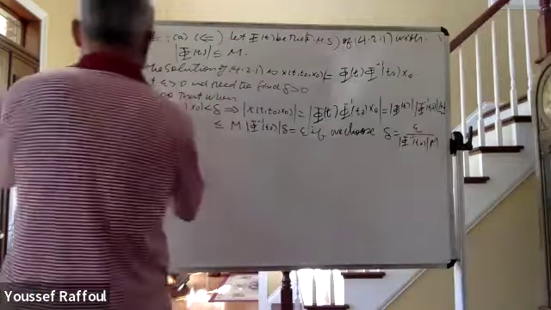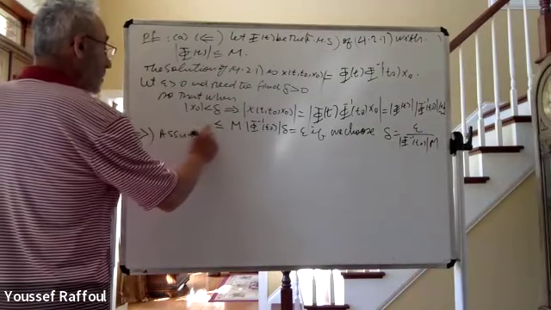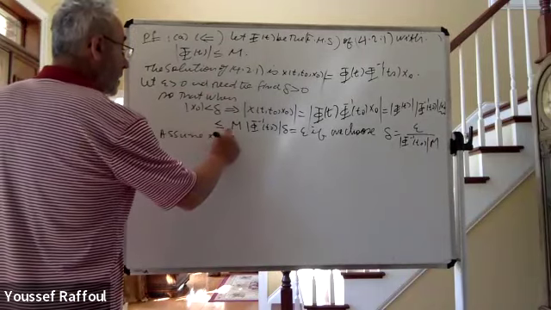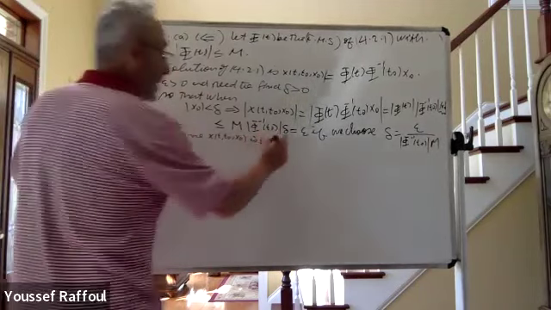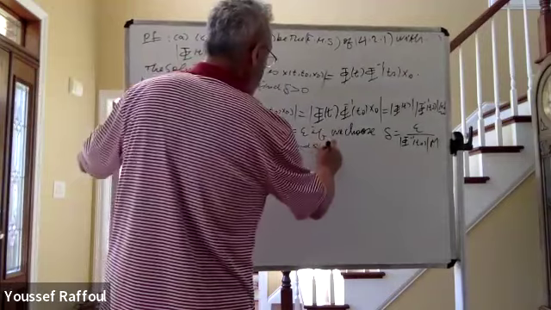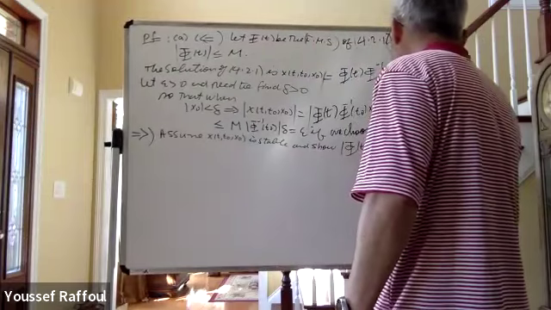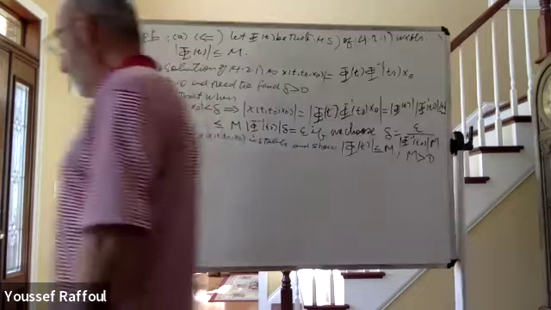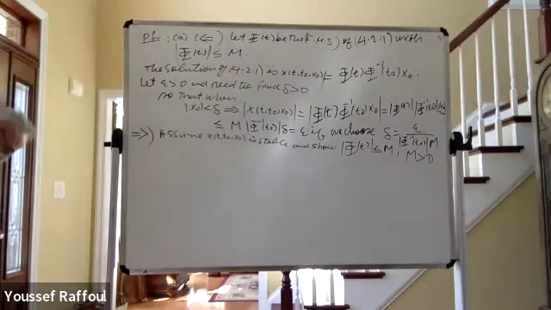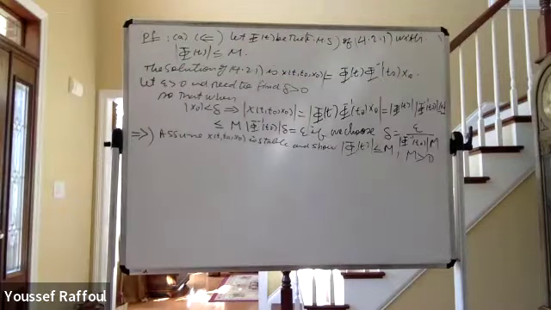Now we're going to go this way. We're going to assume x(t, t naught, x naught) is stable and show the norm of phi(t) is less or equal to m, for m positive.